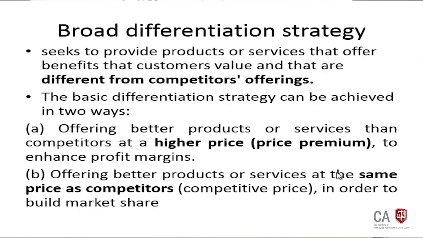So this can be achieved in different ways. One is you offer the product at a higher price, which means you are enjoying a price premium. Or the other option is you can charge the same price as the competitors. This is more similar to the broad differentiation strategy of Michael Porter, if you try to match those two strategies.